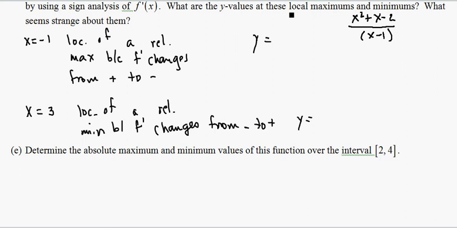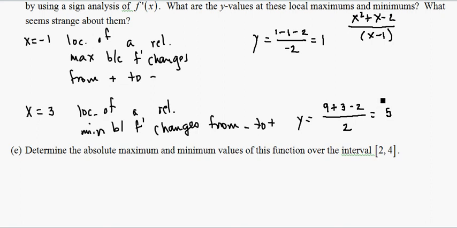If we substitute negative 1 into that function, we'll end up having 1 minus 1 minus 2, let's just plug it right in, 1 minus 1 minus 2 all over negative 2. And that gives us a y value of 1. And then if we put 3 in there, we'll have 9 plus 3 minus 2 all over 2, which is 12 minus 2, 10, which is 5.